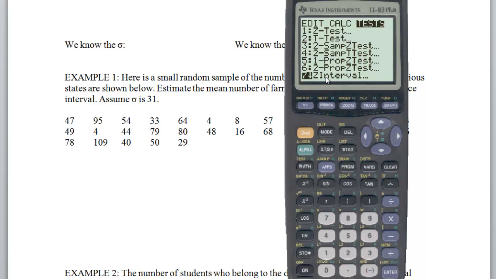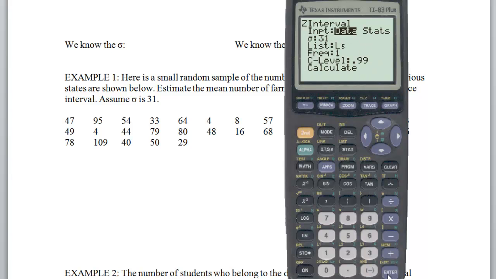The z interval is great because we're going to get our information here and see what the calc can do for us. The data is right in our stats, and we have to type in the standard deviation, which would normally be set at 0, but we type in whatever we want our standard deviation to be. Since on the calculator it was 30 point something, we rounded that up to 31.